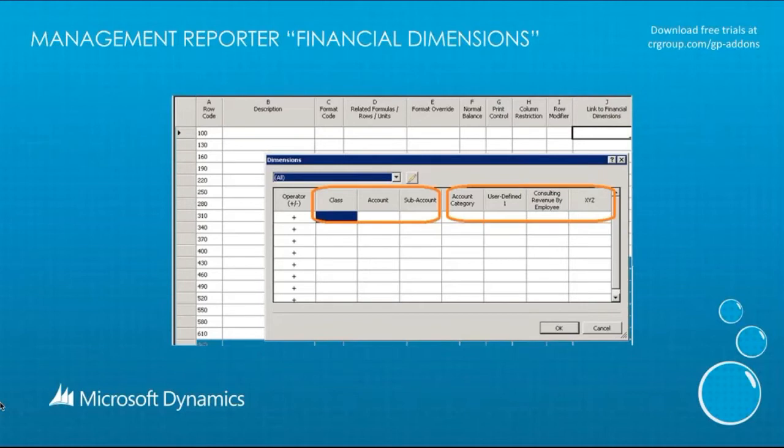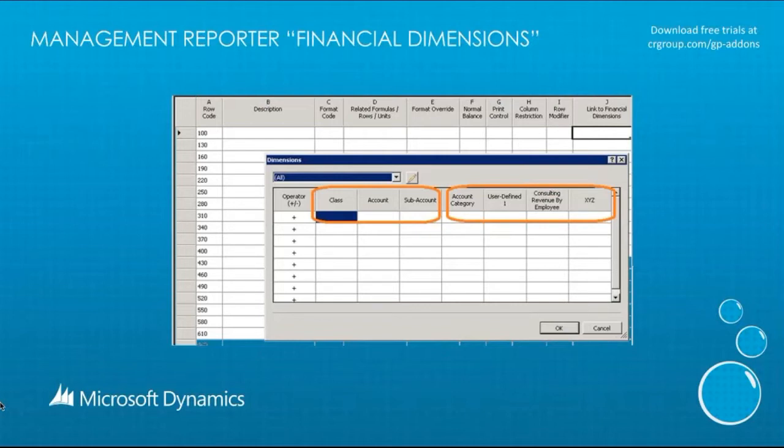And you'll see this stuff when you log into Management Reporter. And maybe this is the best way to describe it, this image, because what's here is a bunch of different dimensions. When we get to the reporting side, it's like, well, I've got multi-dimensional reporting. I've got a class, I've got a category, I've got an account, I've got a sub-account.